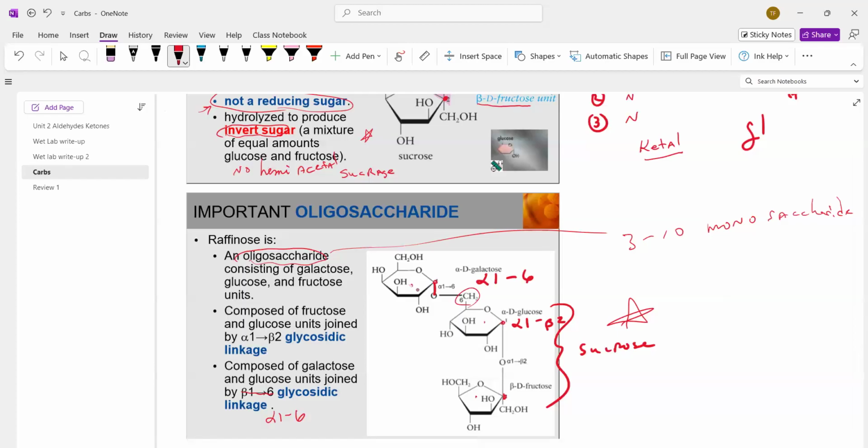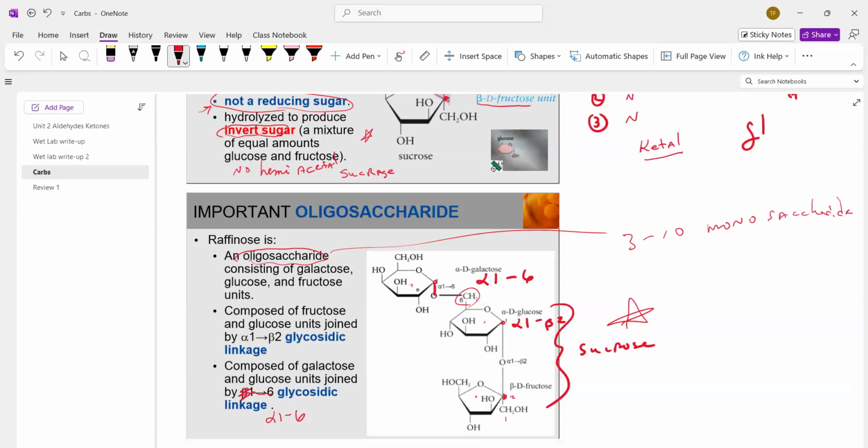This linkage here we just went over is basically sucrose, so that's an alpha 1 beta 2. This is carbon number 2. With fructose, it goes 1, 2. And the hydroxyl group is going up, so that's a beta. And this over here is incorrect. It should be alpha 1,6.